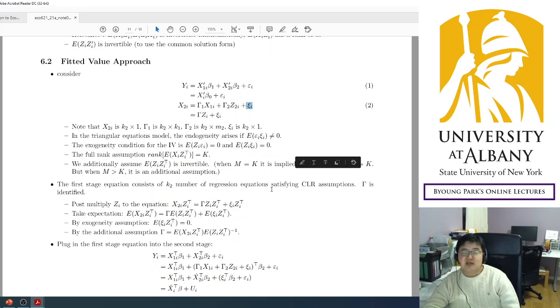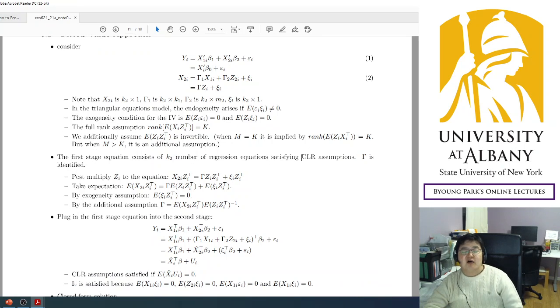And then psi is the residual from the linear projection. Or you may use the classical linear regression assumptions. This equation, by definition, satisfies them, so gamma is identified. There is no problem in identifying gamma from your data.